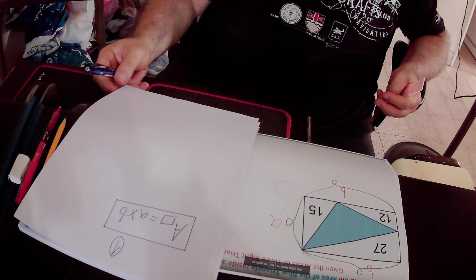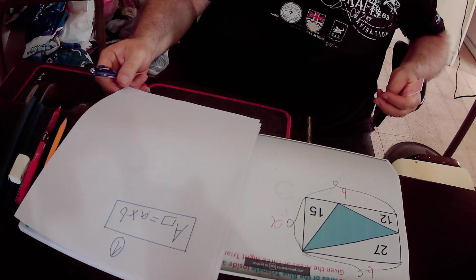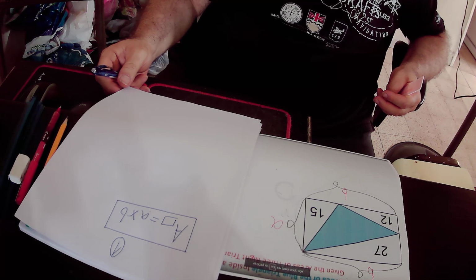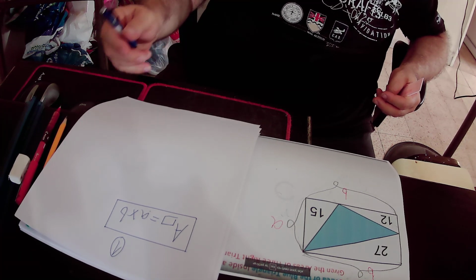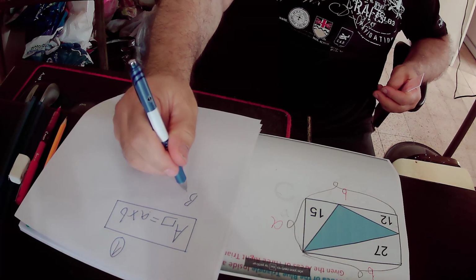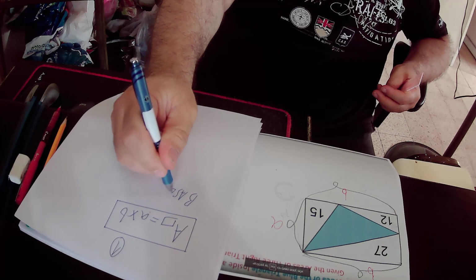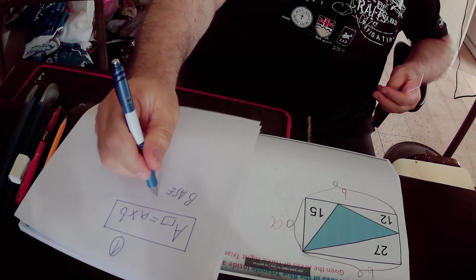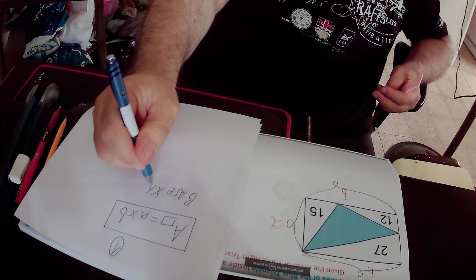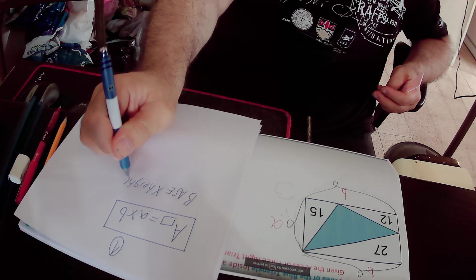And the general formula for the area of a triangle equals the base of the triangle times the height to the base, divided by 2.